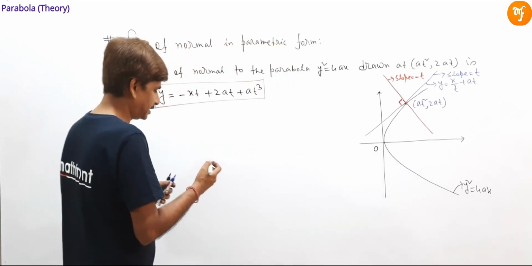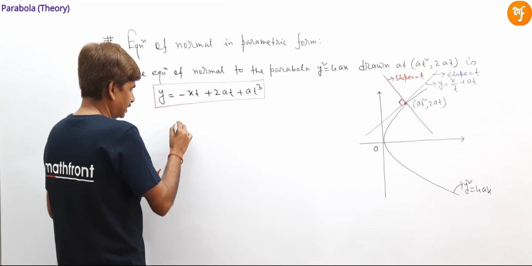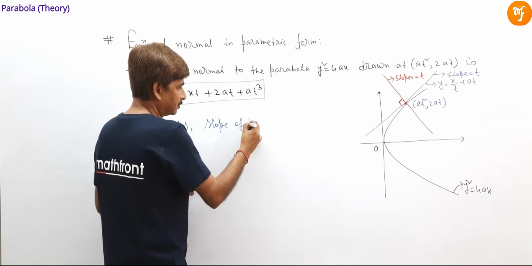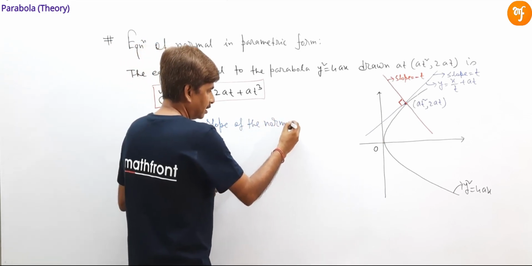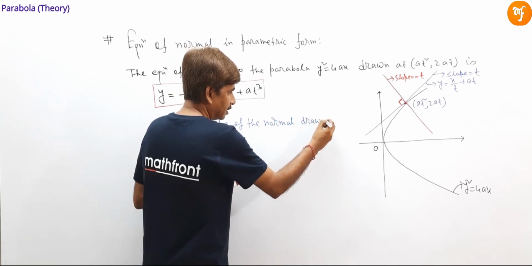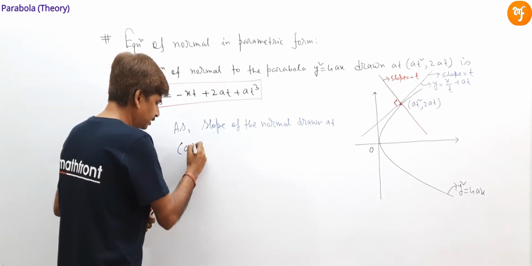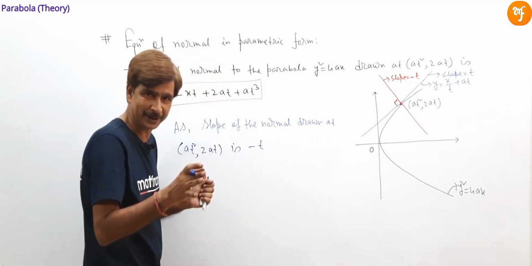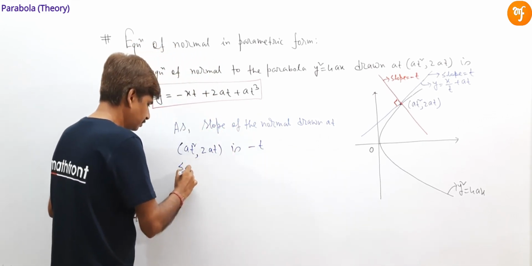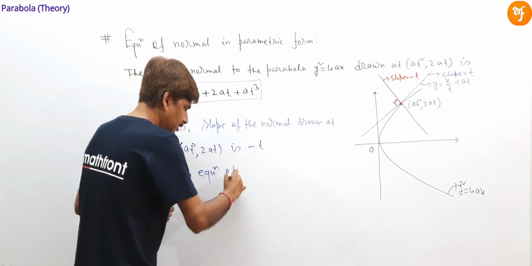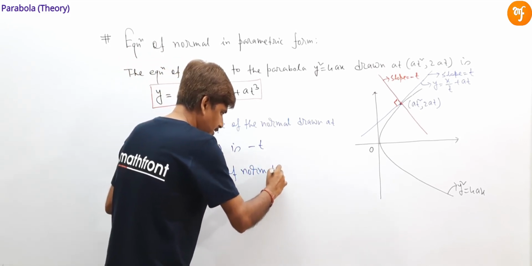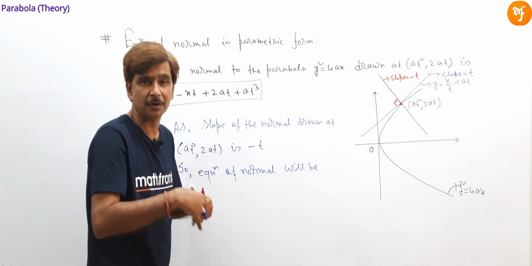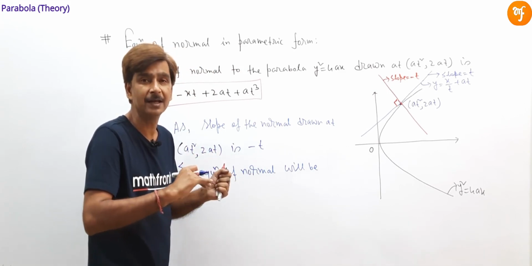So we are writing the slope of the normal drawn at (at², 2at) is -t. So the equation of the normal can be established by point slope form.